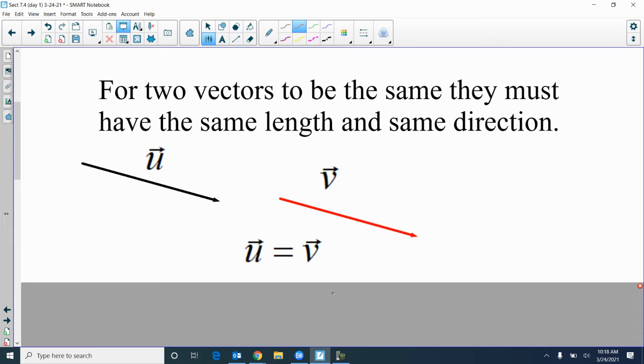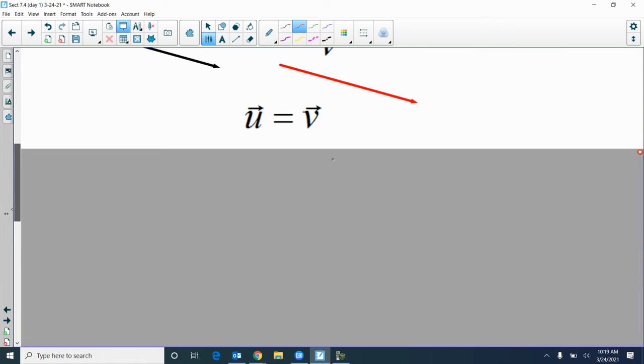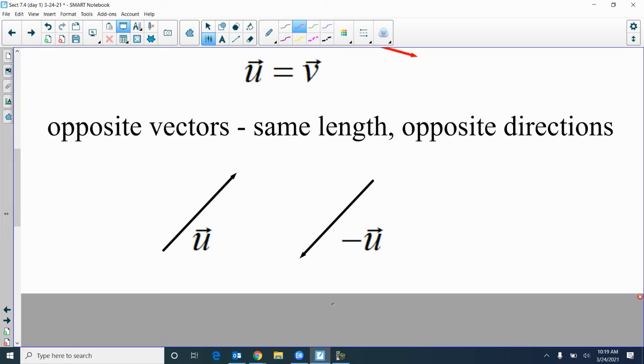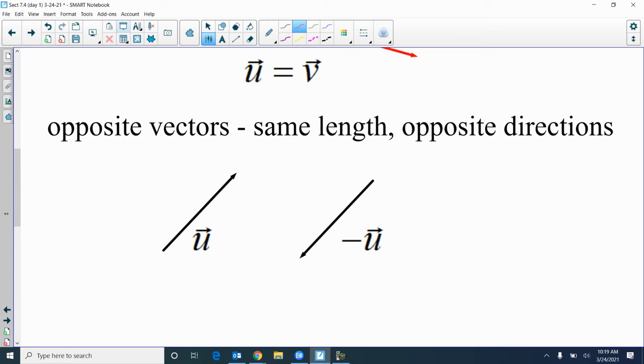All right, what about opposite vectors? They're going to have the same length, but opposite direction. And what's that going to look like? So here's U, negative U, going the opposite way. And then you've got scalar multiples.